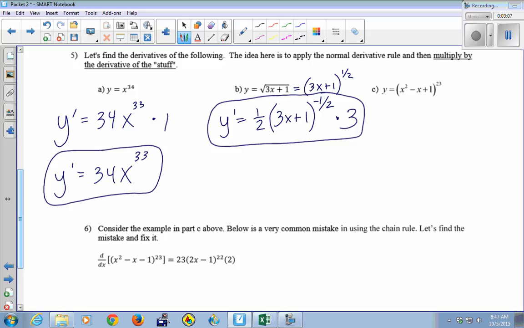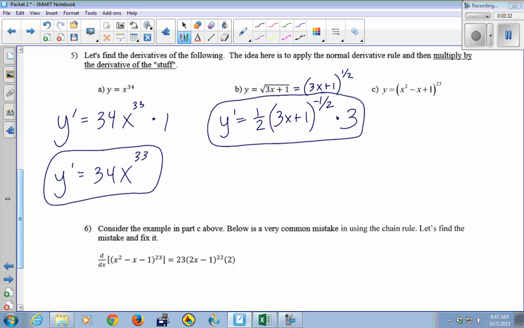That's the final answer, yeah. You could multiply the 1/2 and the 3, right? And write 3/2 times 3x plus 1 to the negative 1/2. In general, when you're taking derivatives, unless you have to do something with it in a following step, like unless you have to take a second derivative, just leave it unsimplified, right? I'm not trying to test your algebra skills when I ask you to take a derivative.